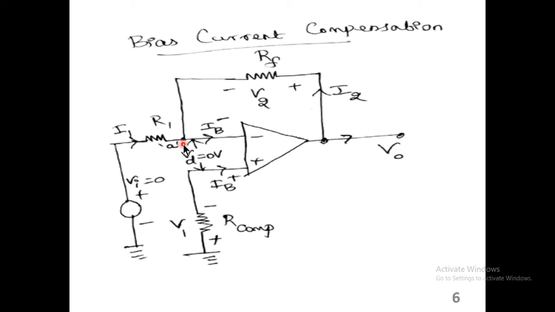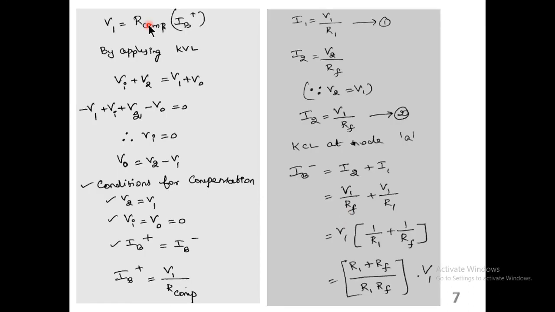Here is a node A. This is V1, the voltage across the compensation resistor, and the voltage across the feedback resistor is V2. For analysis, V1 is R1 or compensation resistor into IB plus. By applying KVL, we get IB plus equal to V1 divided by R compensation.